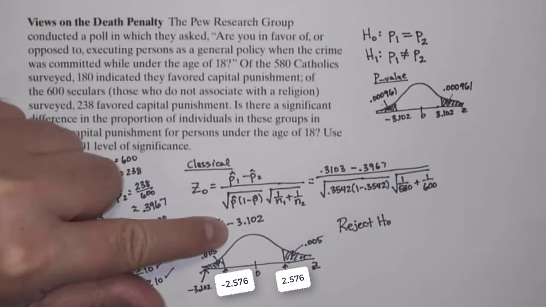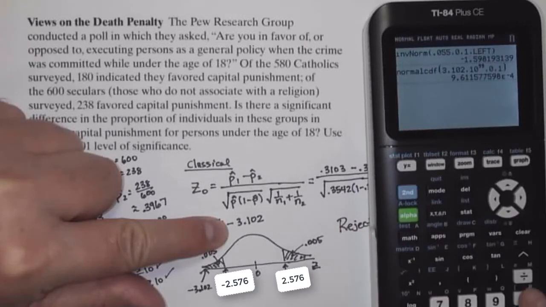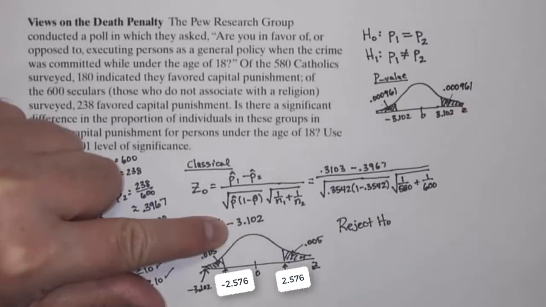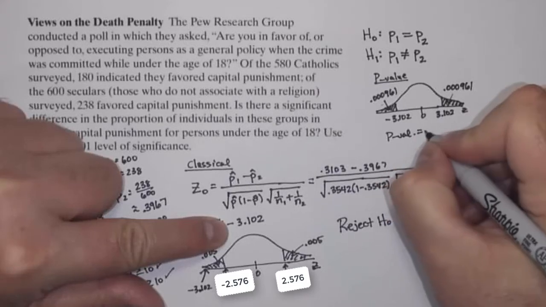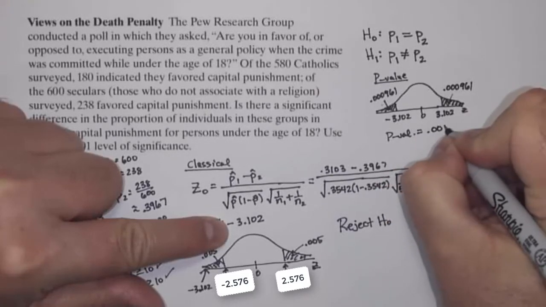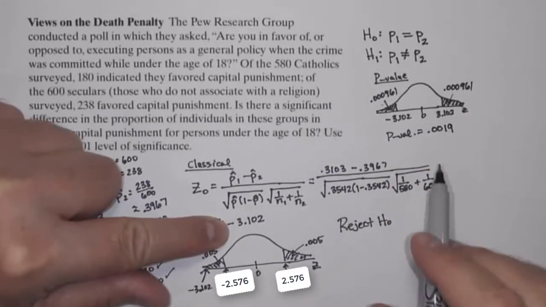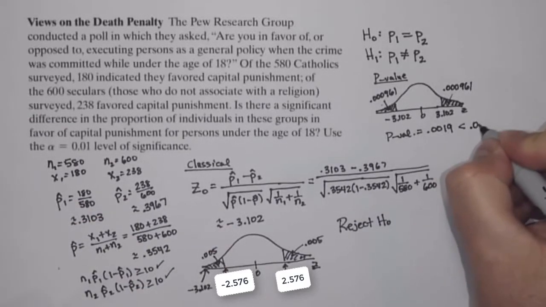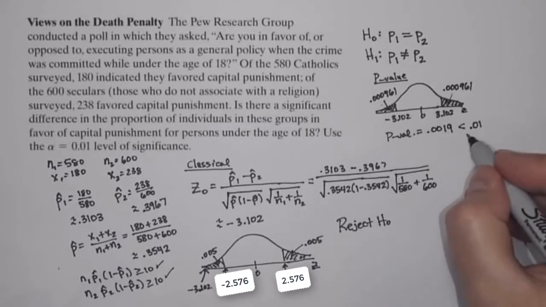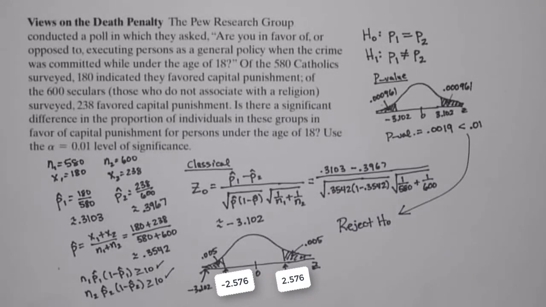So if I add those two together, or in other words, if I take this result times 2, that gives me 0.0019 if I round to 4 places. So the p-value is equal to 0.0019. Now, because that is less than alpha, which we're using 0.01, that tells us to reject the null hypothesis.